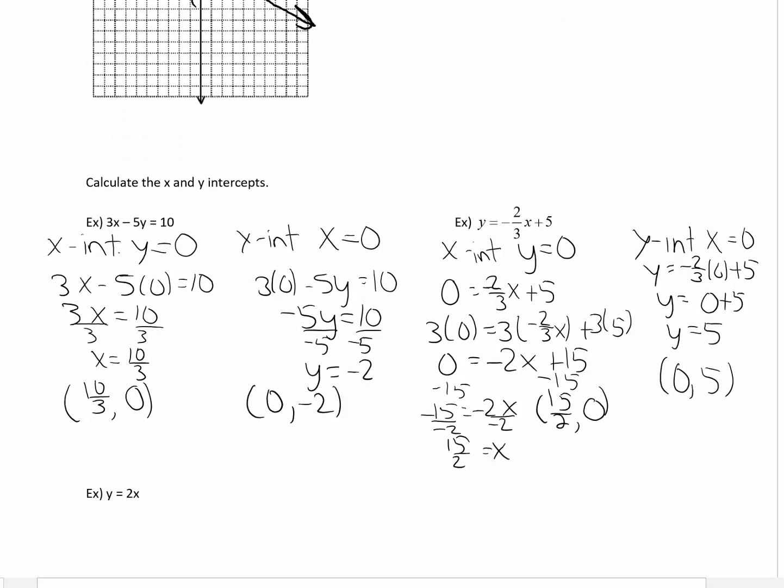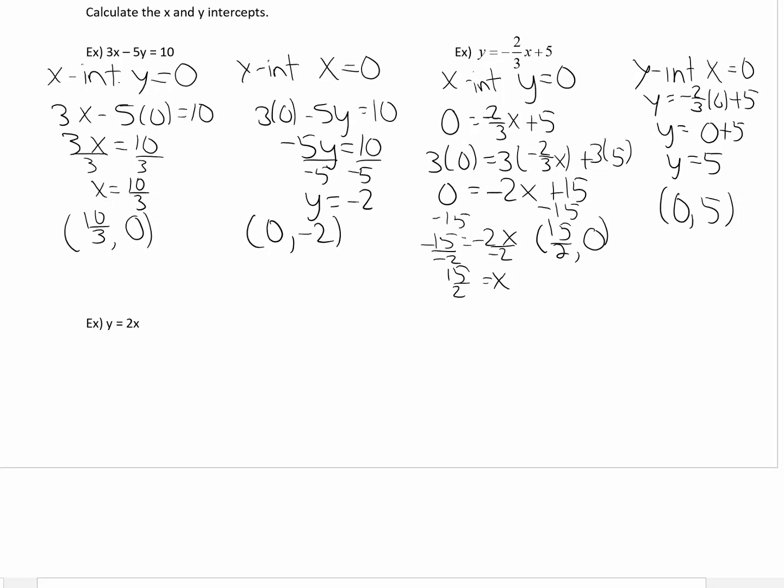Okay, one other example I want to take a look at. So again, x-intercept, we know y is 0. Divide by 2. Now this is interesting. We know here that x is 0 and y is equal to 0.